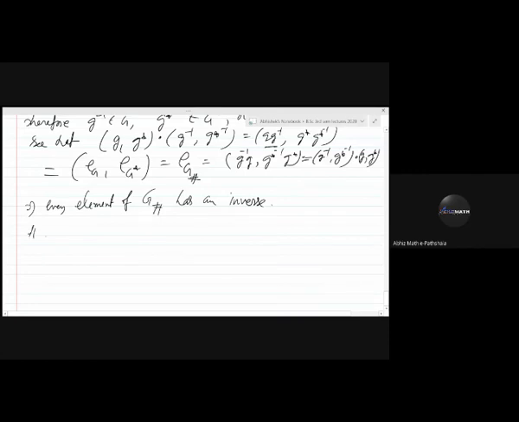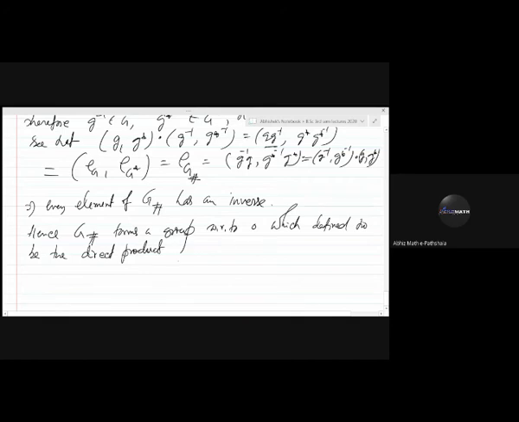So hence G sharp forms a group with respect to circle, which is defined to be the direct product of G and G star. Okay.